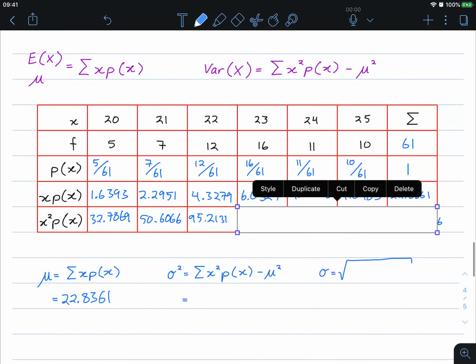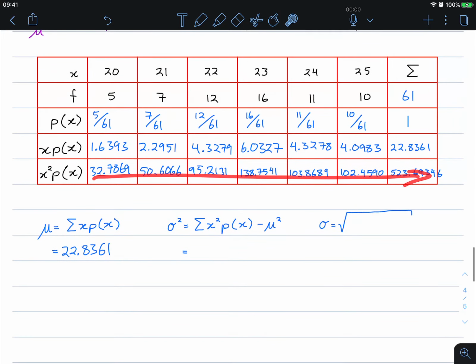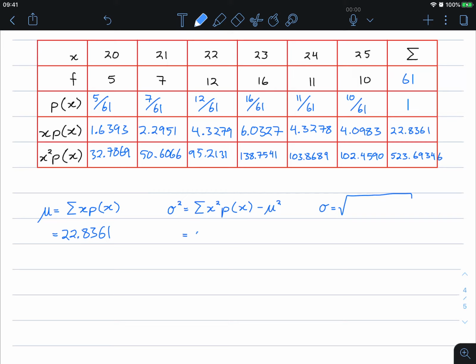We repeat that process for everything. I've already done it beforehand. Then we take the sum of all of these numbers. And following the formula for the variance, we take that sum, 523.69346, minus 22.8361 squared.